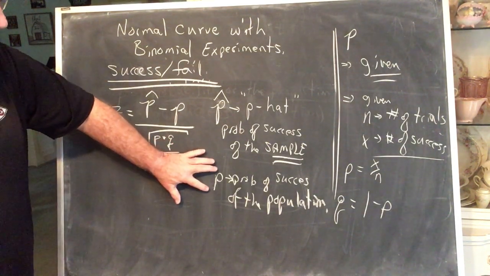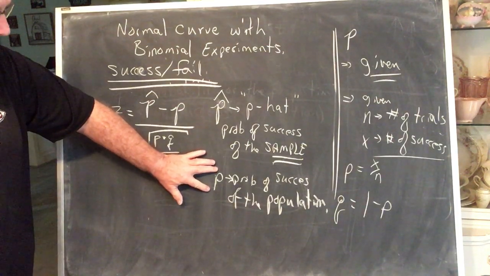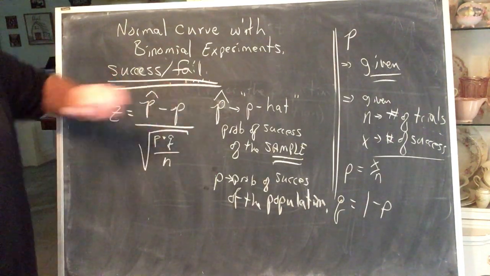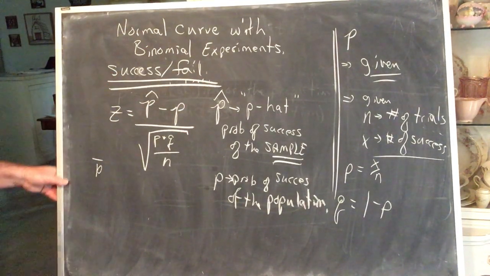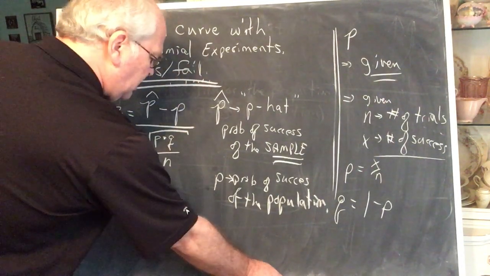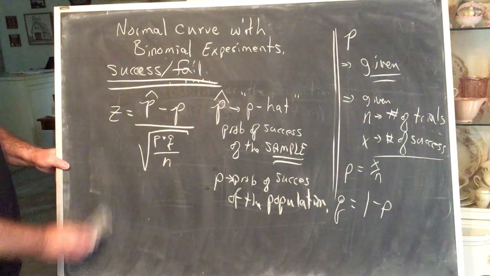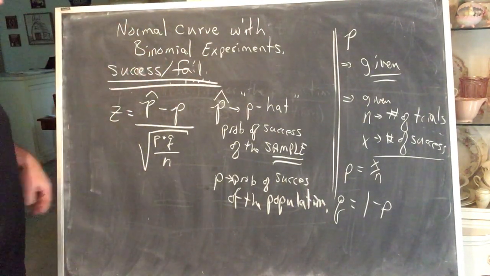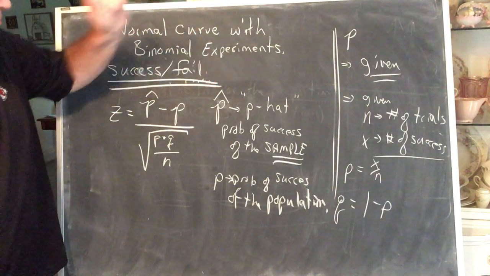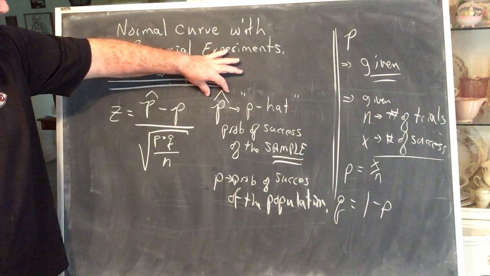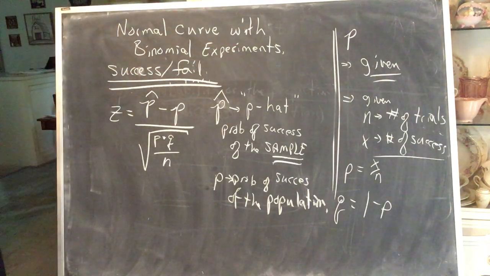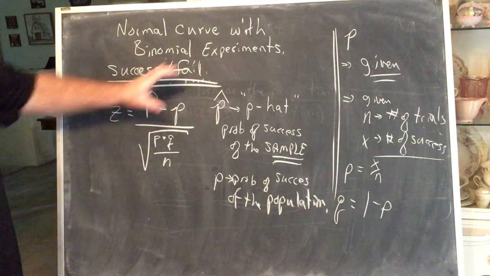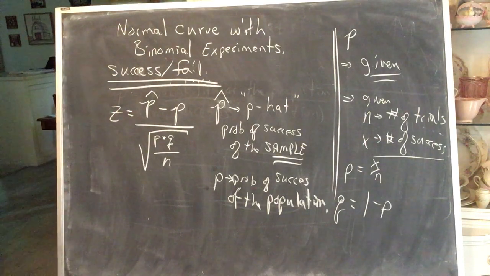Well, here, the population proportion is lowercase p. For the sample, we don't use p bar, because it turns out that represents something else later on. What we use to represent the sample proportion is p hat. Again, anyone who knows what you're doing knows what this represents. This is standard. Any course you go to will have that symbol.